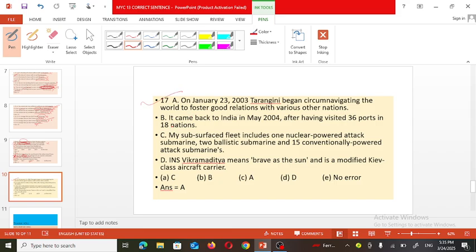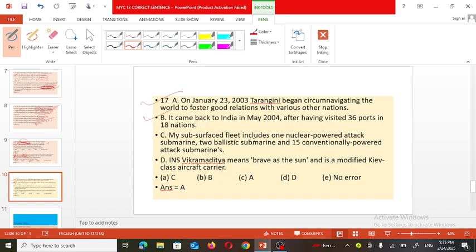Correct sentence it is. Second option: it came back to India in May 2004 after having visited 36 ports in 18 nations. So again in simple past tense, no change is required. Perfect sentence it is.